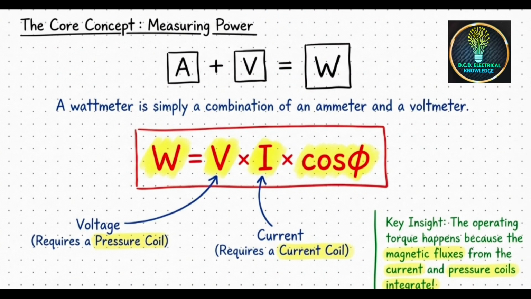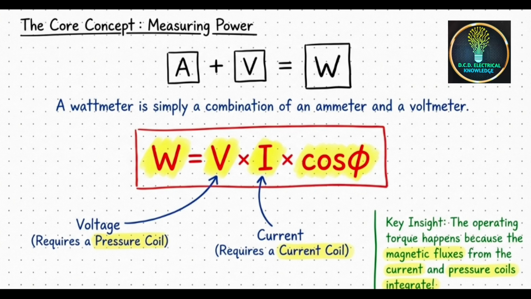The core concept: measuring power. A wattmeter is simply a combination of an ammeter and a voltmeter.